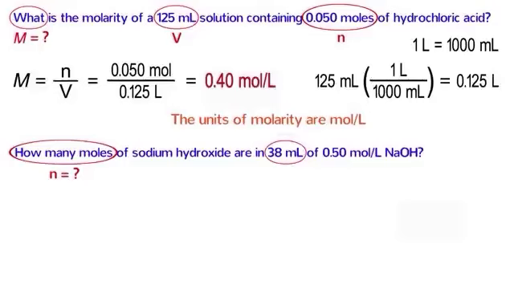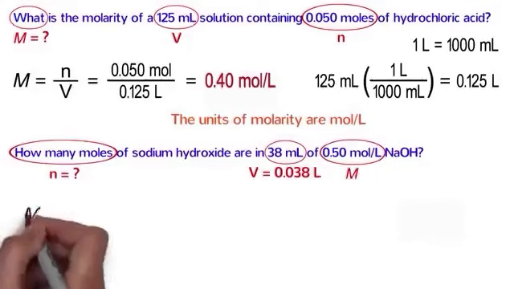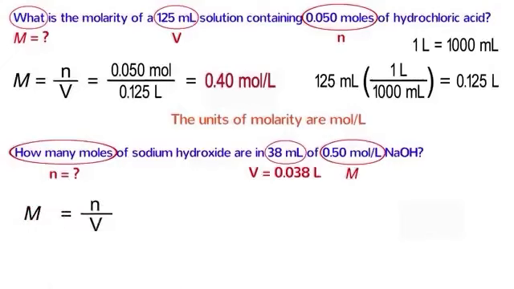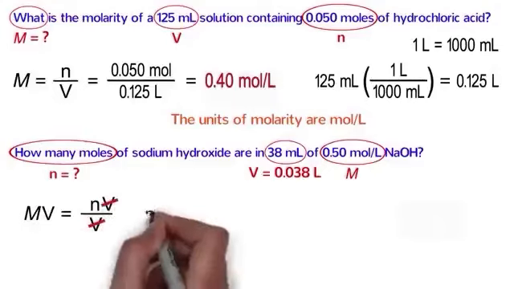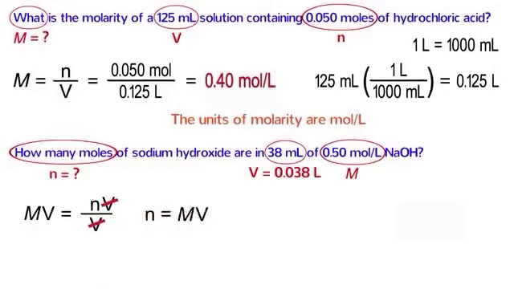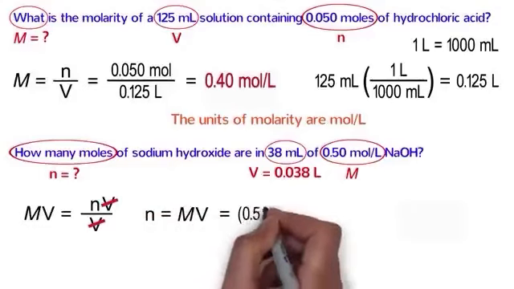If M equals N over V, we change the formula and make N the subject, so N equals M times V. So N equals 0.50 times 0.038, because we convert the 38 milliliters to liters.